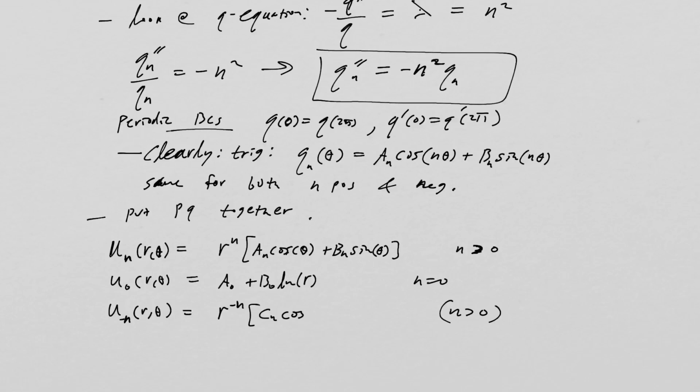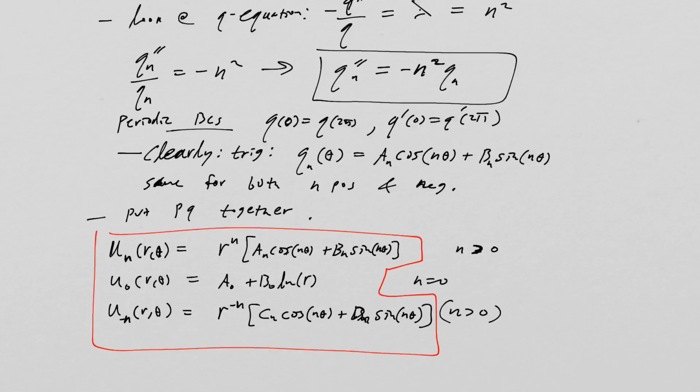Oh, you know what? I just see I forgot a little something here. I forgot my n's inside my... So there's an n theta there and an n theta there. Okay, so we have cn cosine n theta plus dn sine n theta. Okay. All right, so those are all of our solutions, and that's a lot to think about there.